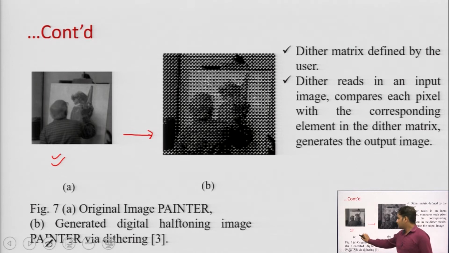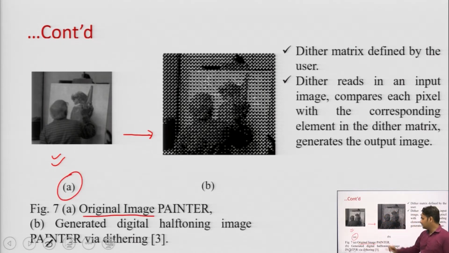So, the first diagram gives the original image of a painter, and this is the image of a painter generated by the digital halftoning process via the dithering method. Okay. Now, what are the specifications of these kinds of methods?